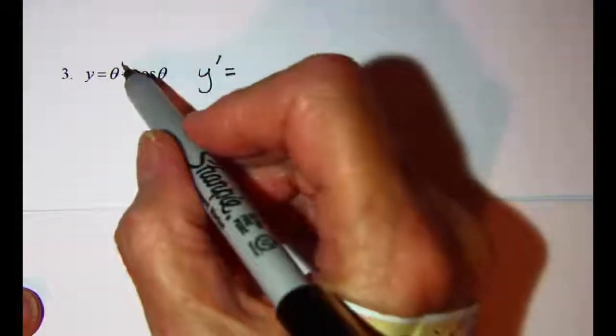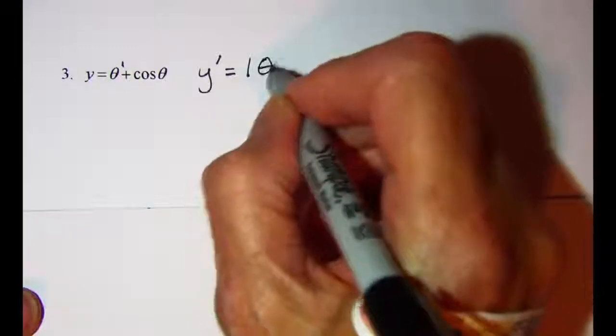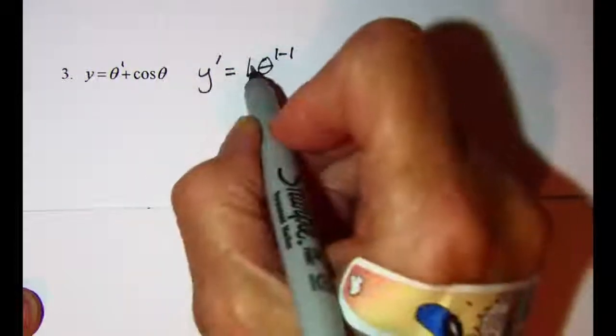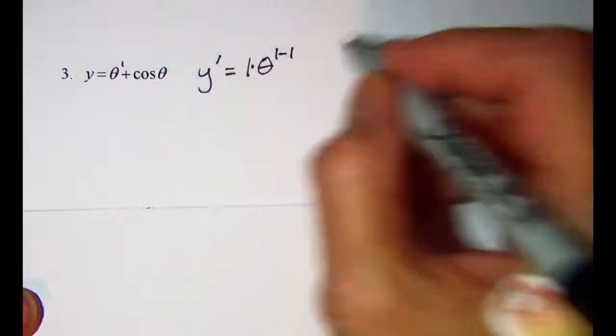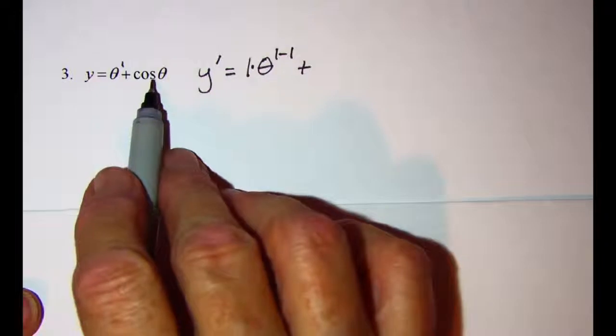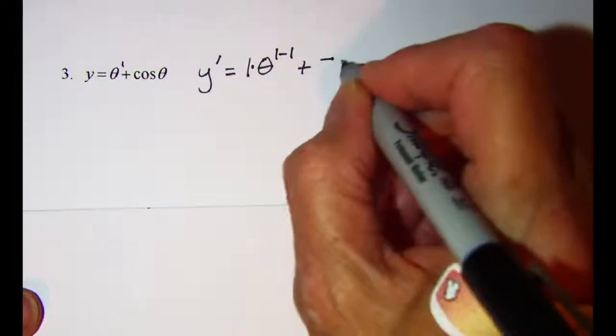Right now it's to the first power, so you bring that exponent out in front, and then theta raised to the 1 subtract 1. Multiply here. And then plus, and then the derivative of cosine by our rule is negative sine, so negative sine theta.